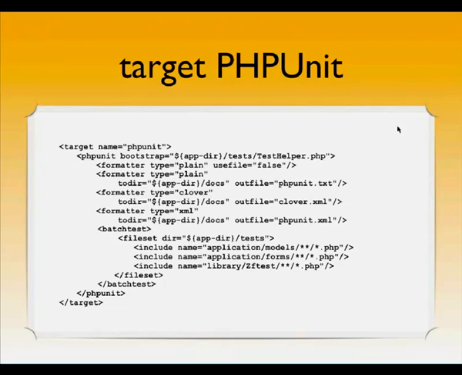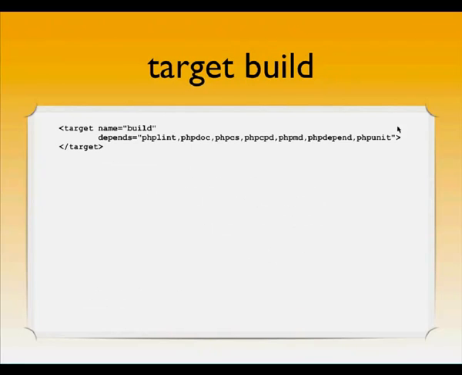Again, the same directories that we have seen in the previous build target. And finally, we get to the default target being built. So my build target depends on all the previous ones.